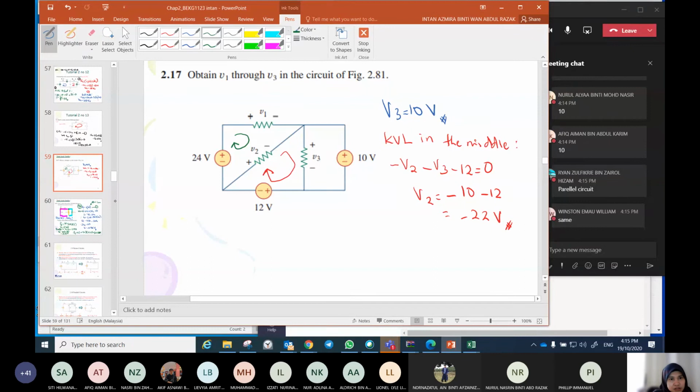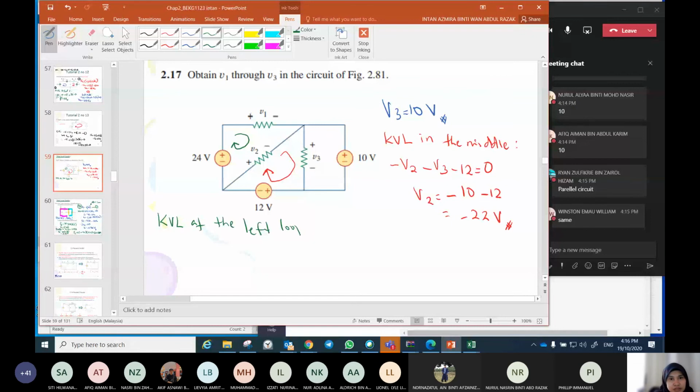What method do we apply? KVL, KCL, Ohm's law? KVL. At the left loop. Okay, so let's start with V1.